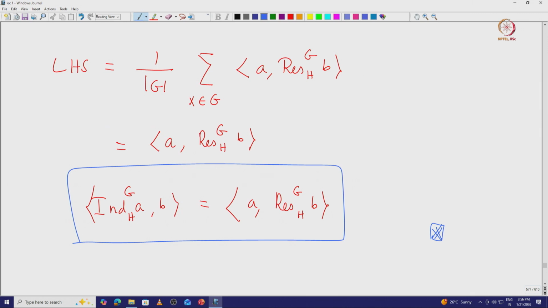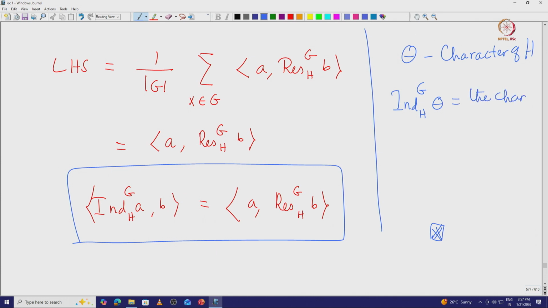Now, if you specialize to the class functions which are characters, then we get what we promised before. I already told you that if you take, for example, theta being a character of H, then the induction of theta from H to G is indeed the character of the induced representation that we defined before.